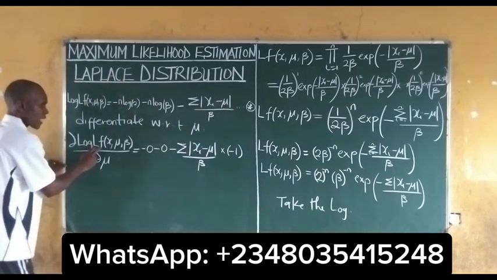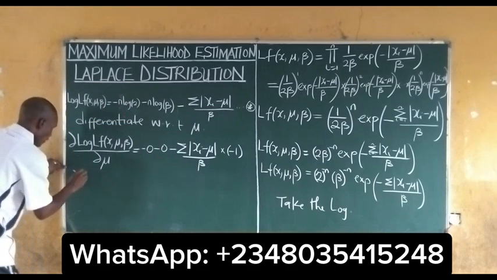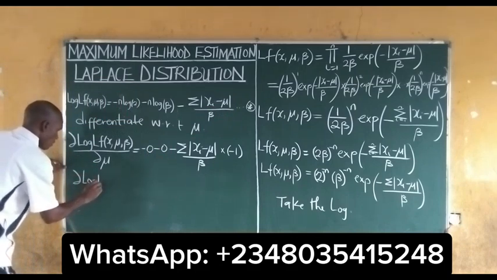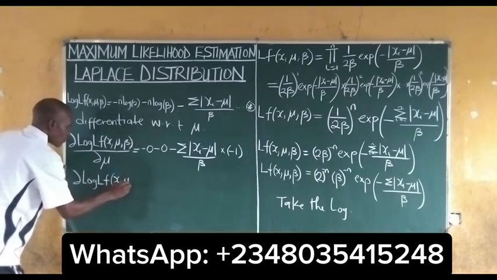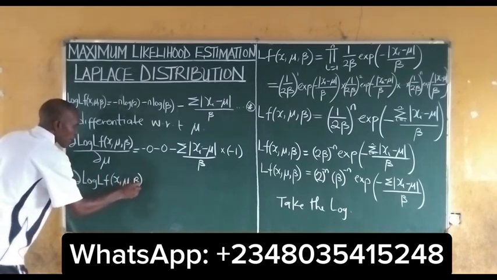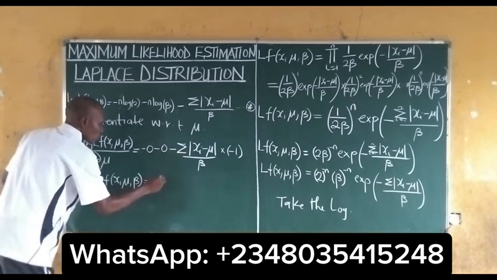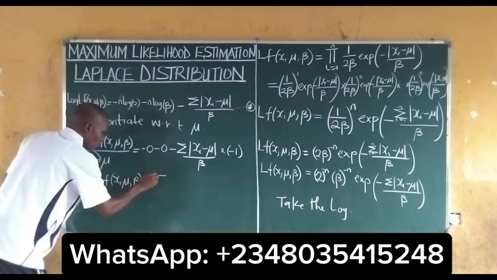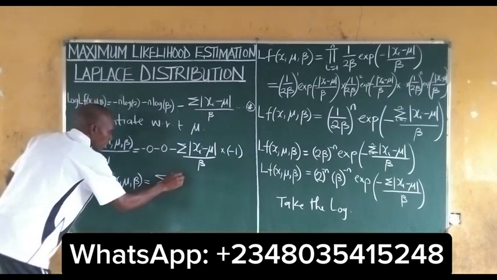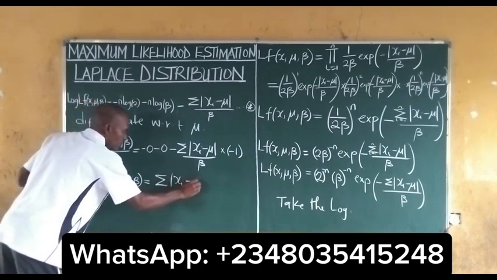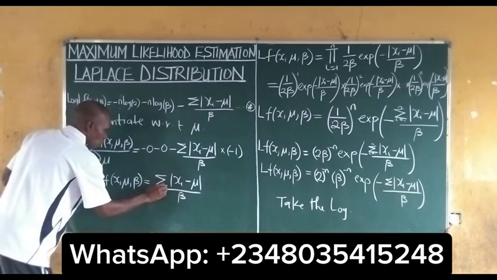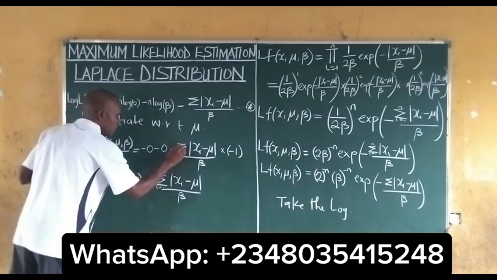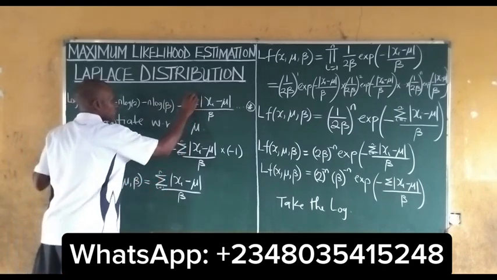So it then means that the log likelihood function of x, mu, beta is equal to this multiplied by this. You get summation of xi minus mu all over beta, as i runs from 1 to n.